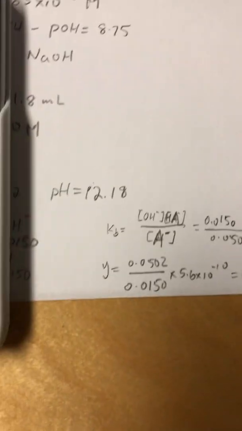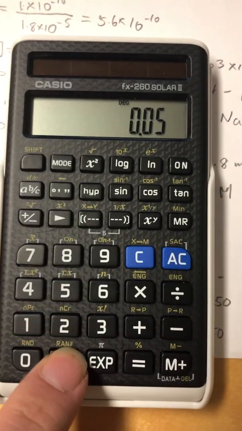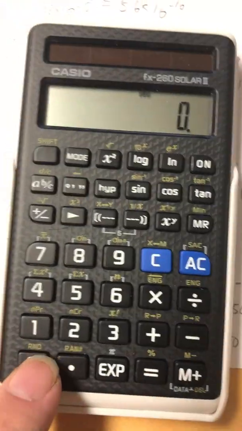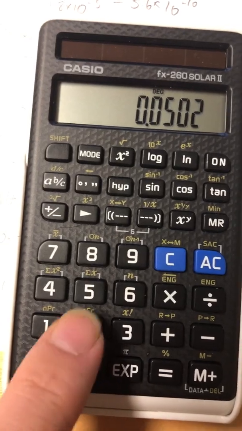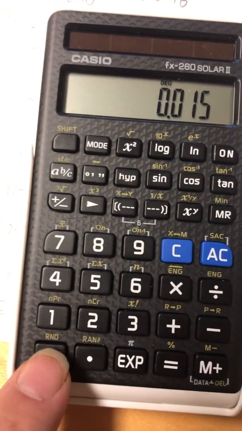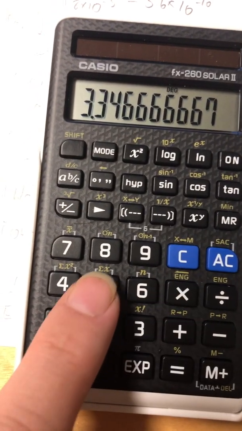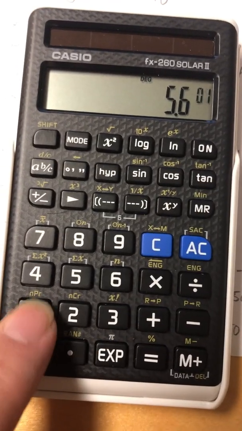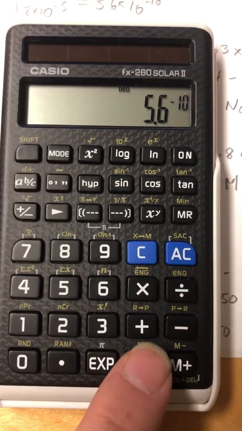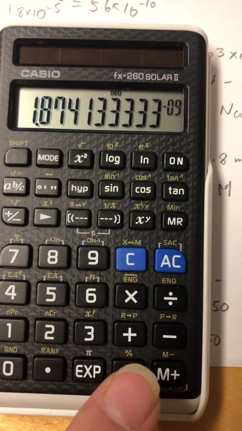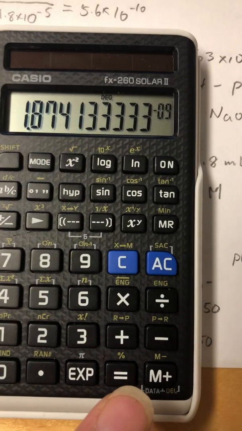Let's try to see if my estimation is correct. 0.0502 divided by 0.0150, multiplied by 5.6 times 10 to the negative 10th power gives you 1.8 times 10 to the negative 9th power.